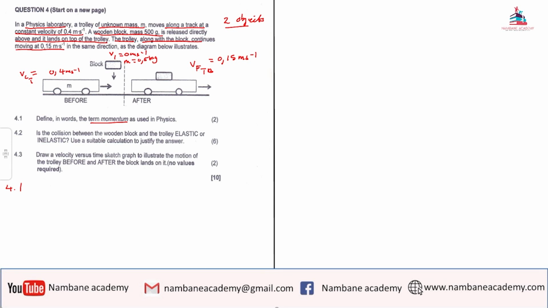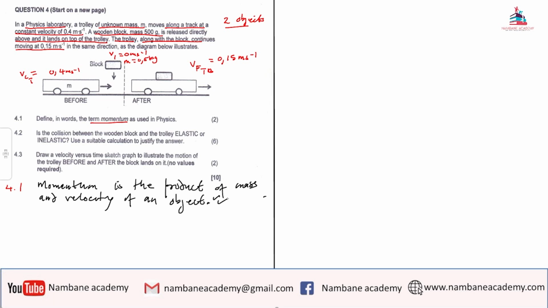It says momentum is the product of mass and velocity of an object. Two marks. 2 or 0.